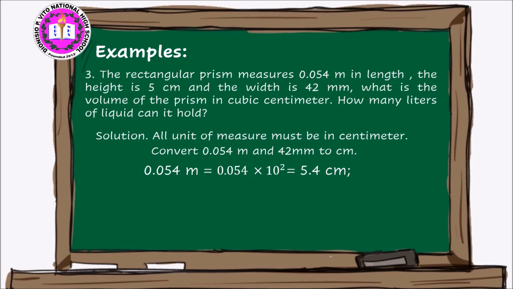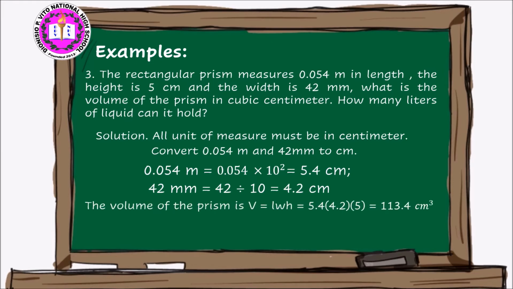So for 0.054 meter, that is equal to 0.54 times 10 raised to 2, which is equal to 5.4 centimeter. Then 42 millimeter is equal to 42 divided by 10, which is equal to 4.2 centimeter.